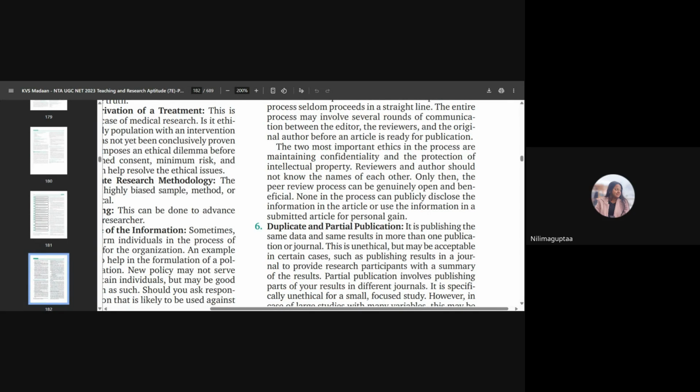Also, when it goes for review, it is very important that the paper does not get leaked and somebody else copy-pastes it, because the paper has not yet been published, it has gone for review, and after that it will be compiled, it will be placed in a journal, and then it will be published.